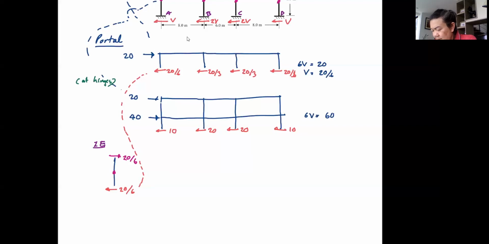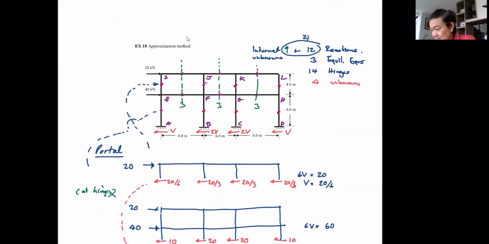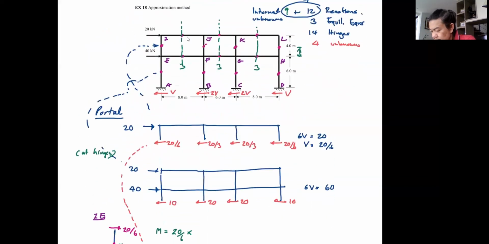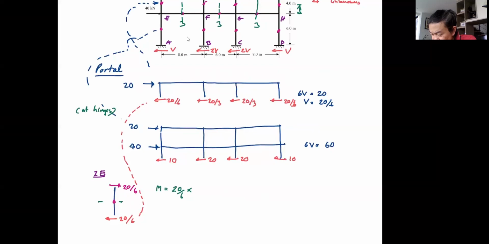We also know that by taking the moment at the hinge, the moment will be equal to 20/6. We take the moment at the hinge, right? Now multiply by the height here, which is 2 meters. You see, this is 2 meters because the length of this column is 4.